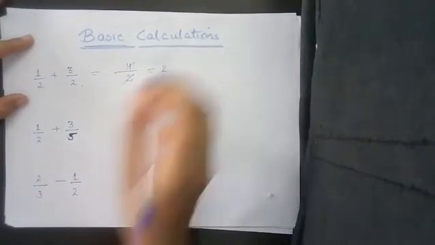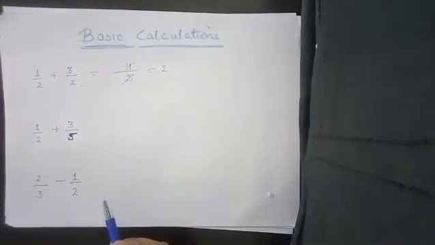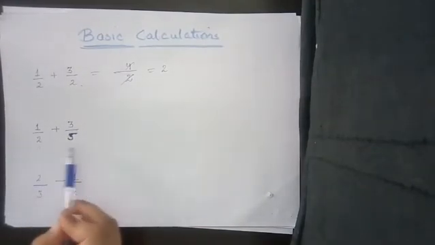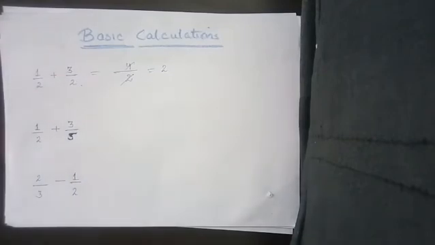It will cut and give you 2 as the answer. This is very simple. But for calculating the rational numbers with different denominators, this is what I am going to teach you today with simple examples. Okay, one question I'll do, another I'll give you to solve for your own practice.